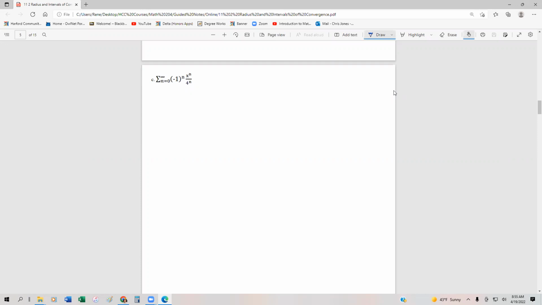So you're going to take the limit as n approaches infinity of the nth root of the absolute value of (-1)^n x^n over 4^n. And we know for that to be convergent that it has to be less than 1.